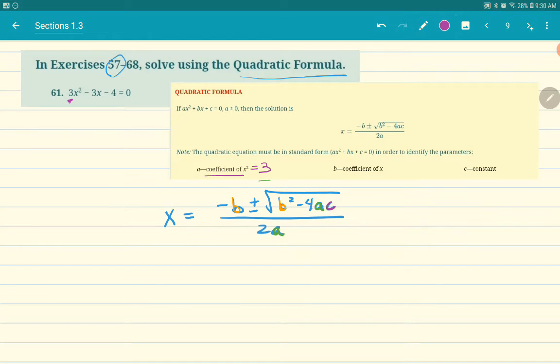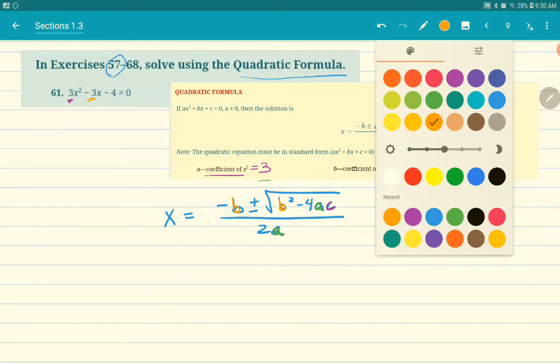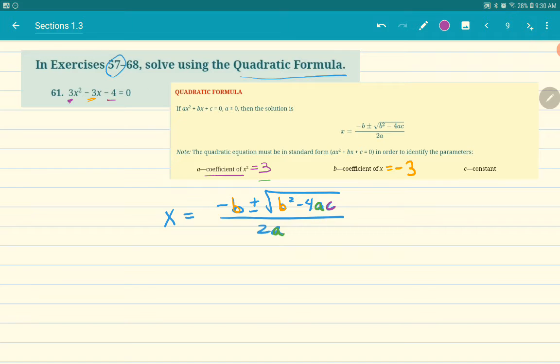And our b is the coefficient of the x, or the linear term, which is -3. And our c is the constant. So that's a -4. So make sure you have all those constants together on the left-hand side again, so it's set equal to 0.